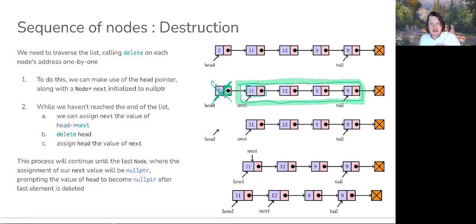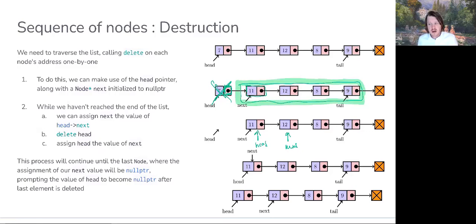And to keep with the consistency of this, we go ahead and move head over to point to what next is pointing to, and then we'd go ahead and move next over to the next node within the sequence, because again, they're residing wherever in memory, and the only thing linking them together is their addresses. They're not contiguous like an array.